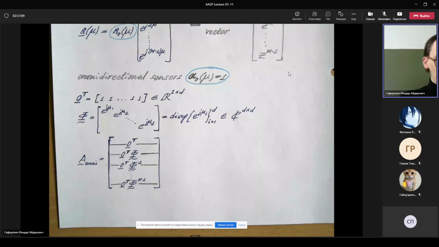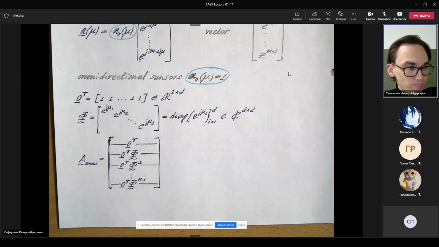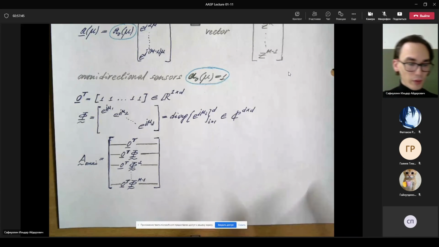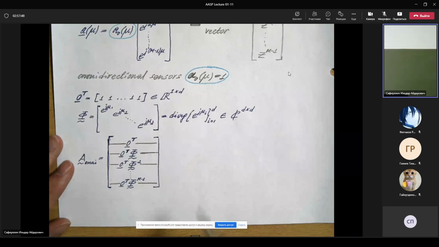So this is for an omnidirectional antenna. And now let's introduce the manifold for any complex directivity pattern, if we call it correctly. I think I will show it here on the right side.